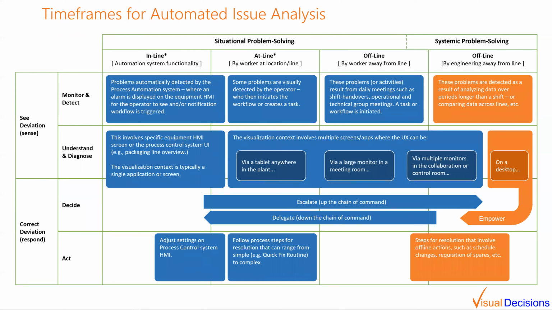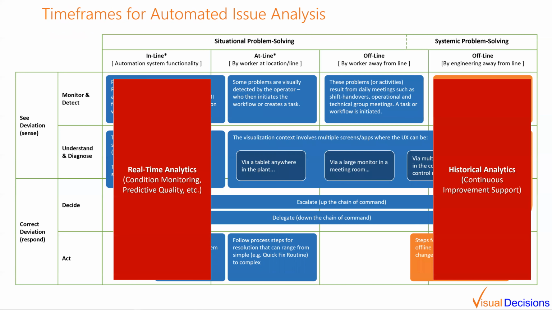When I look at the different timeframes where we can apply these things, there are a couple of primary ways. One is things that are in line, things that are happening right now. How do we automatically identify that we have a problem?